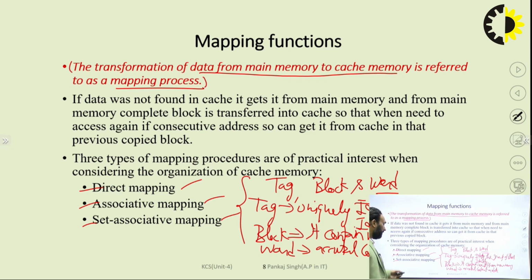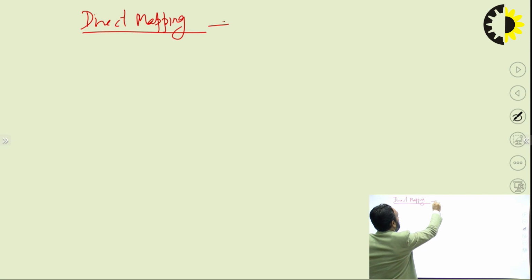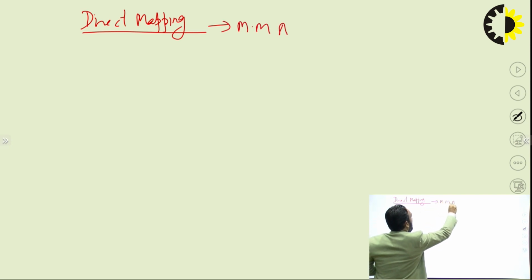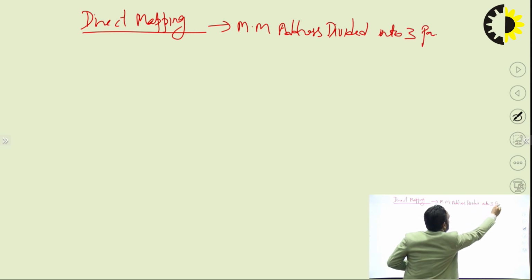Before going to their numerical, we identify their header along with these terms tag, block, and word, and there are some unique properties to identify which category of mapping is executed. In direct mapping, the main memory address is divided into three parts.